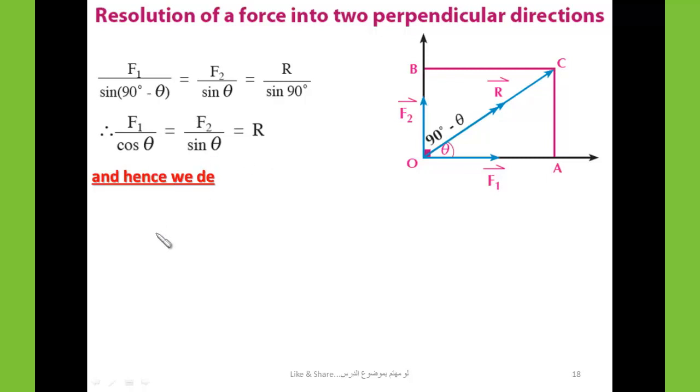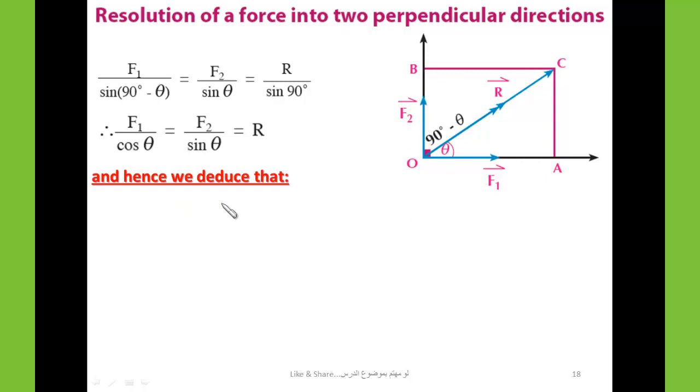Cross multiplication, what do we have? We have F1 equals R cosine theta, in the direction of OA. It is a very important case: F1 equals R cosine theta, and F2 equals R sine theta.